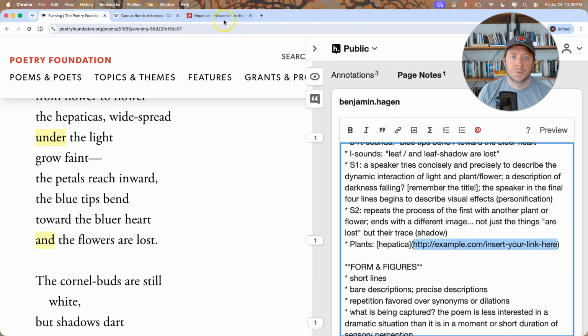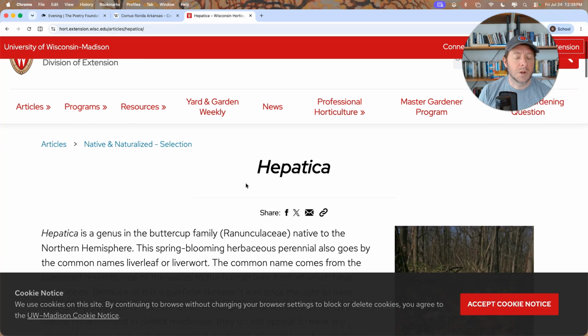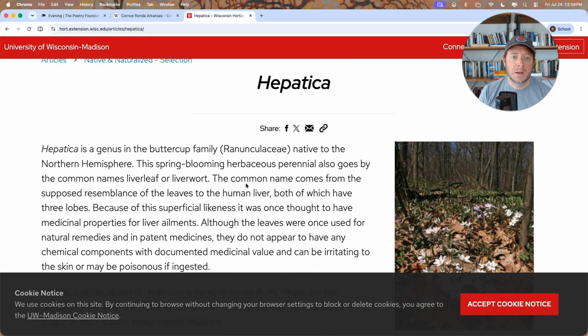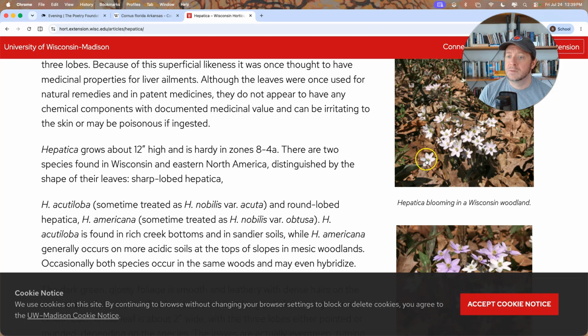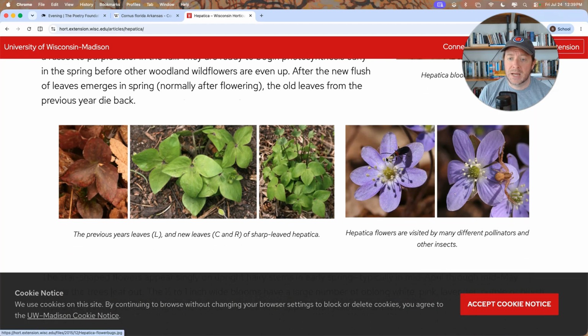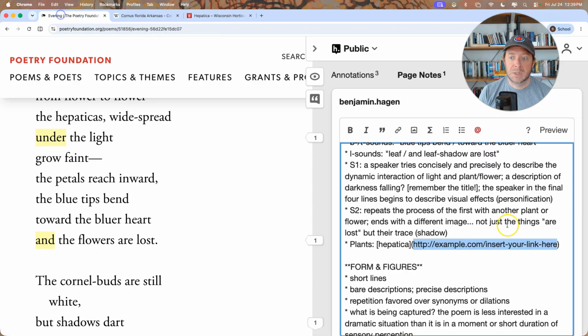I did look up on the University of Wisconsin-Madison horticulture site, Hepatica here, part of the buttercup family, a native of the northern hemisphere. You see a white flower here, and a purplish flower there. Another purple here. So I'm going to add that link in here.